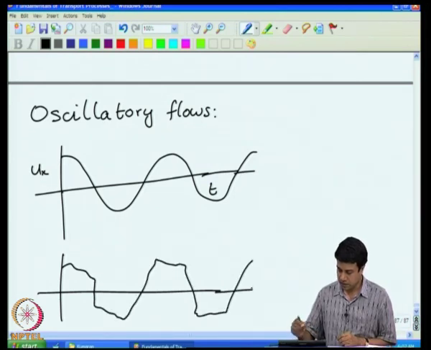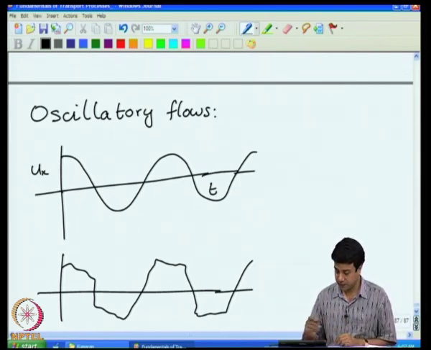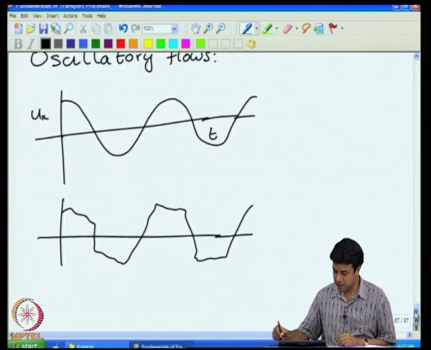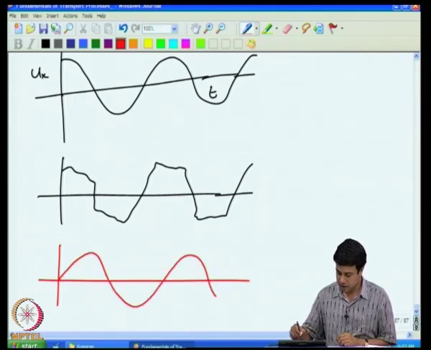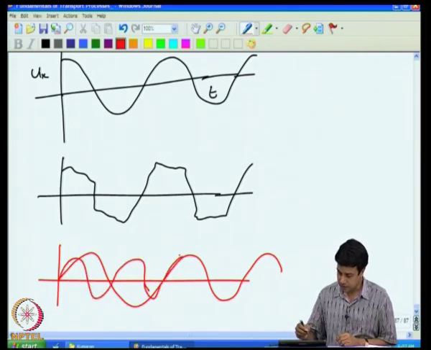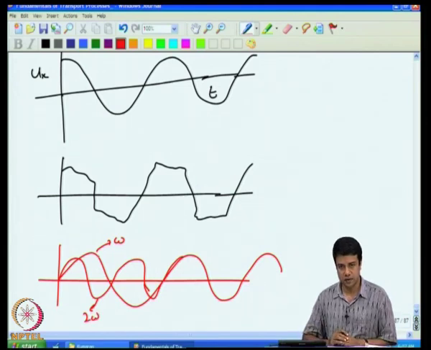Okay. But so long as it is periodic in time with a frequency omega, this thing can always be written as the sum of cos and sine functions, which are the lowest harmonic and its submultiples. That is, the frequency is omega, 2 times omega, 3 times omega, and so on. Okay.